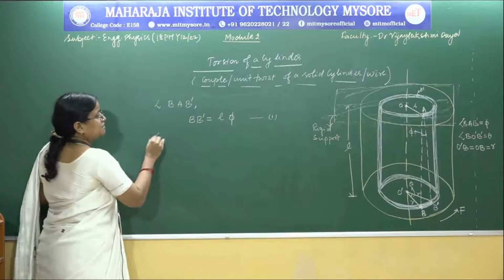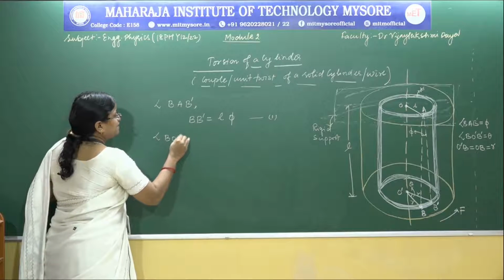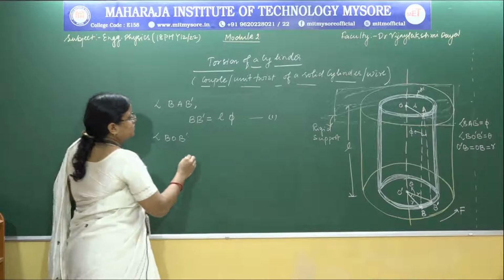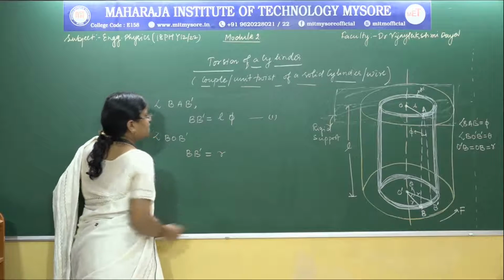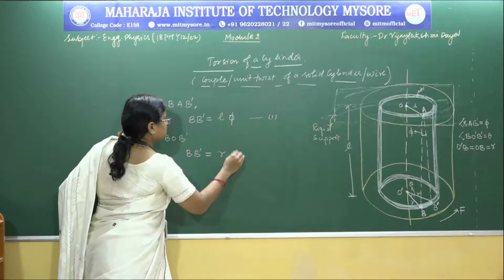If we take the angle BOB dash, then BB dash will be equal to r into theta.